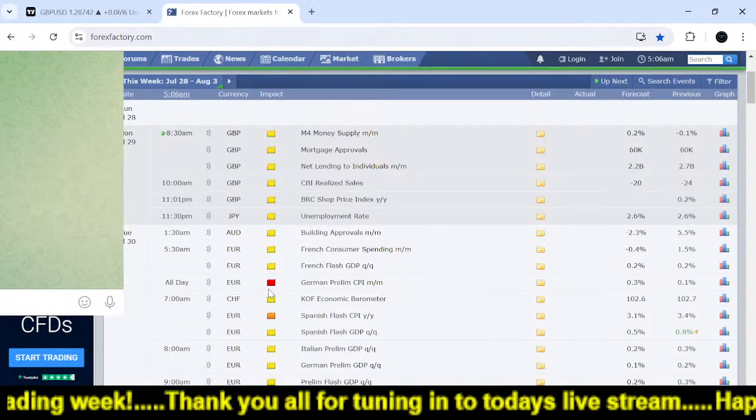Every currency pair has, let me put it this way, every economy. When it comes to the London session, mostly the high impact news comes from the pound, the CHFs, and the euros.